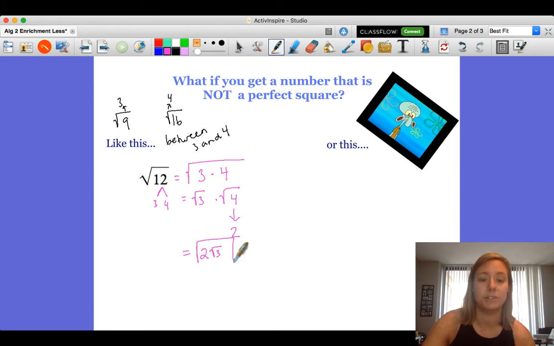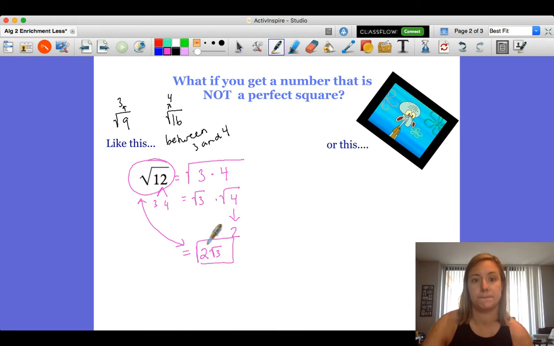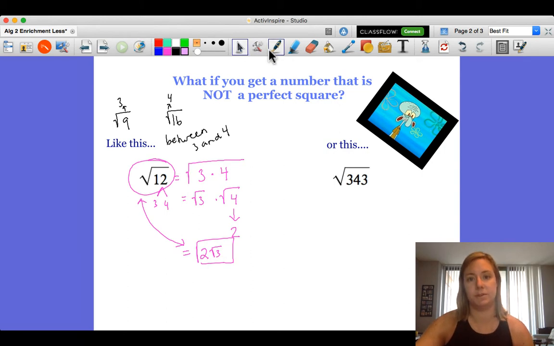And if you want to check it in your calculator, does the square root of 12 equal 2 root 3? You're going to see that these two are equivalent. So this is the simplified version. So we're simplifying square roots, simplifying radicals as much as they can be simplified. So what about this one, the square root of 343?